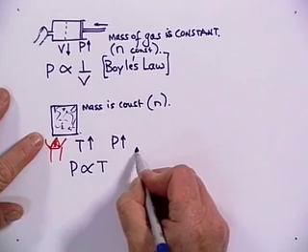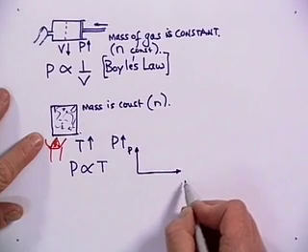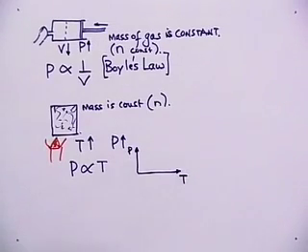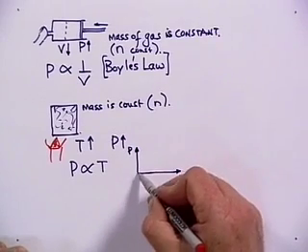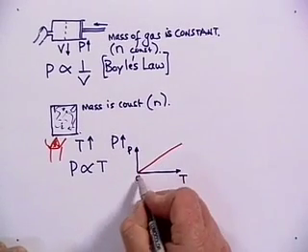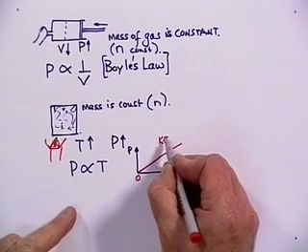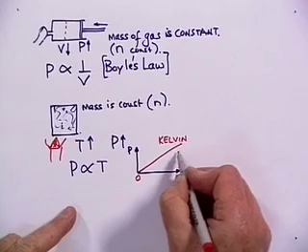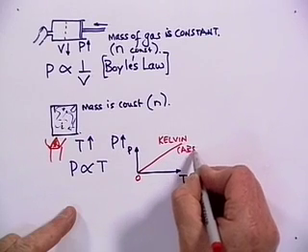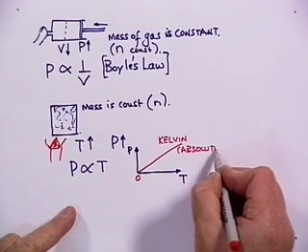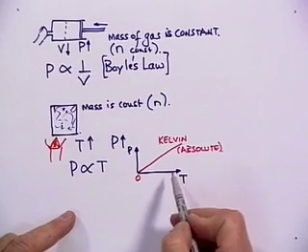So if I'm going to plot pressure against temperature, I must use the scale which starts at 0, the so-called Kelvin or absolute scale of temperature. And we must be careful about that.